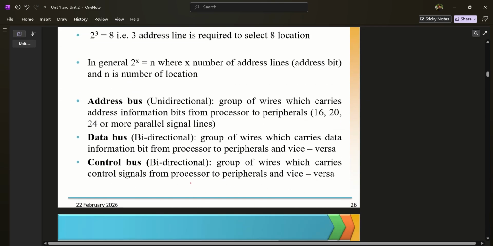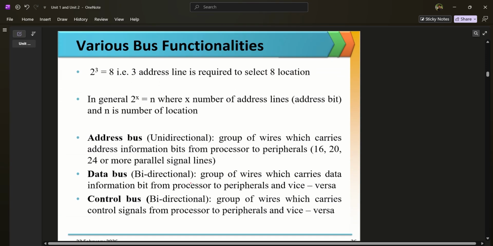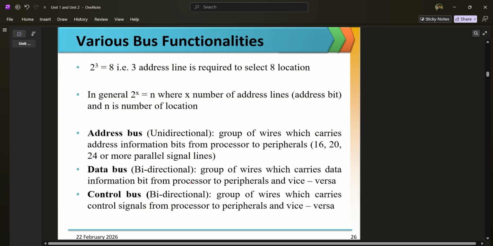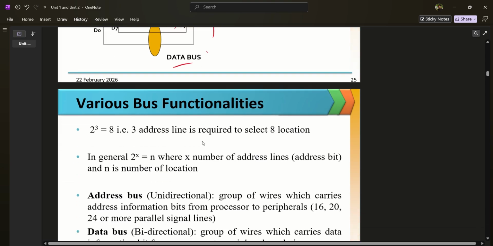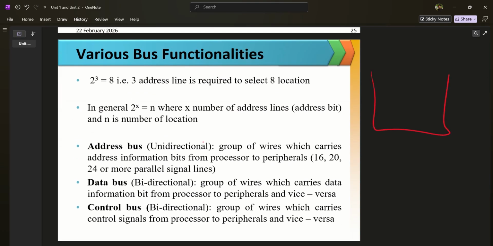Let's say this is a processor, and this is the memory. We said that we use an address to locate the required data, right?